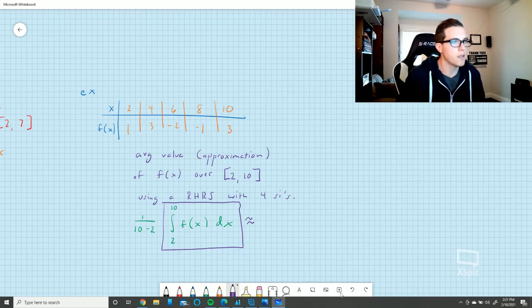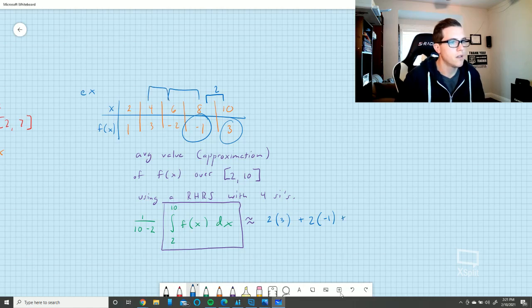a right-hand Riemann sum. So again, if we do this without having to graph it, this distance is 2, we're going right to left. So base length of 2 times the height, which is this value, plus this distance, 2 times this value, plus this distance, 2 times this value, plus this distance, 2, they're all 2, times this value.